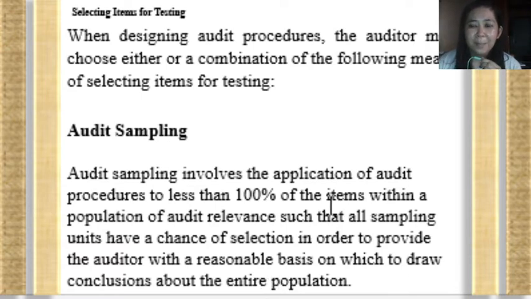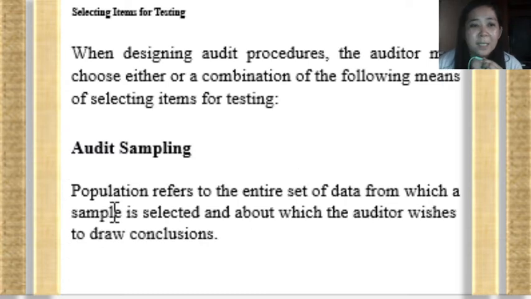So basically in sampling, the sample taken from the population will represent, okay, the population. Although not everything was subject to evaluation, this amount of sample is enough to represent the whole population. So that is the rationale, okay, behind sampling. That's why it is allowed as a means of selecting items for testing.